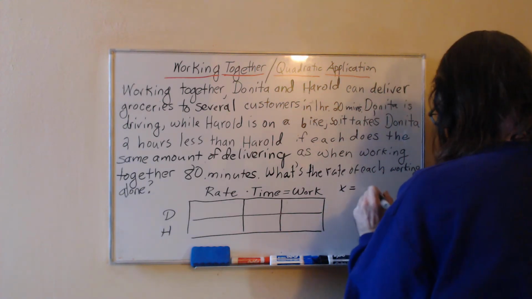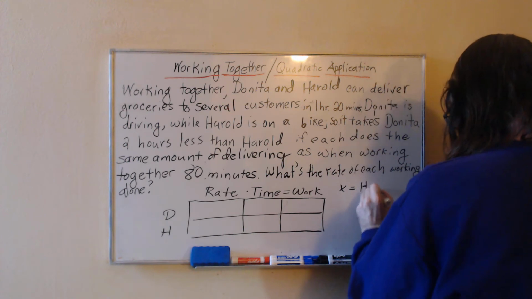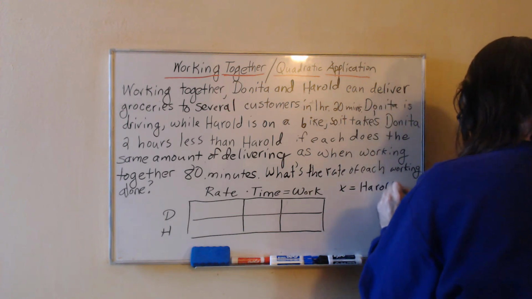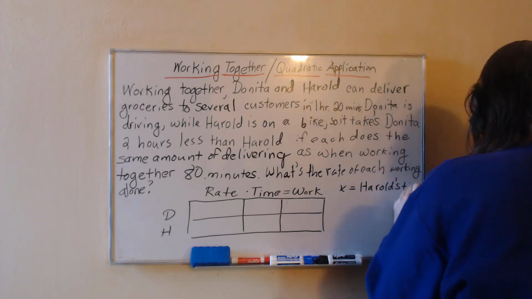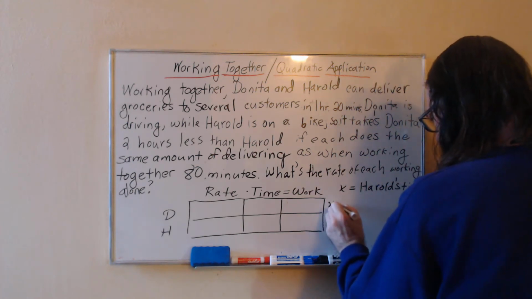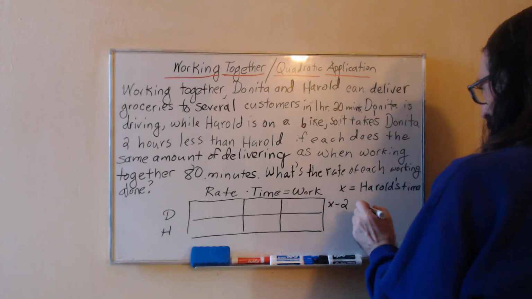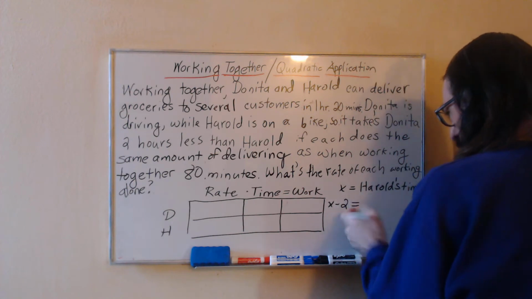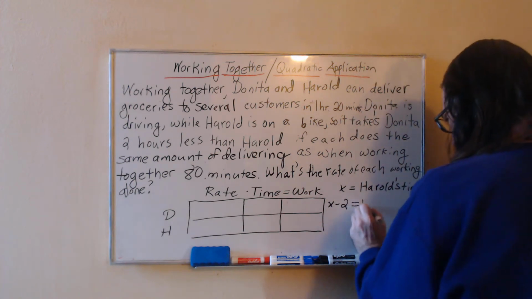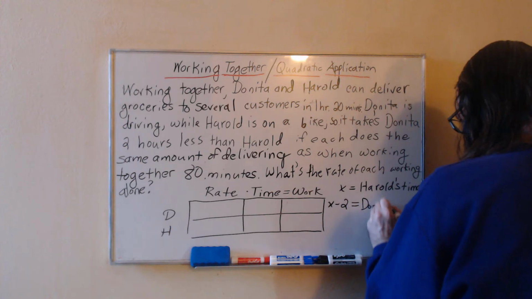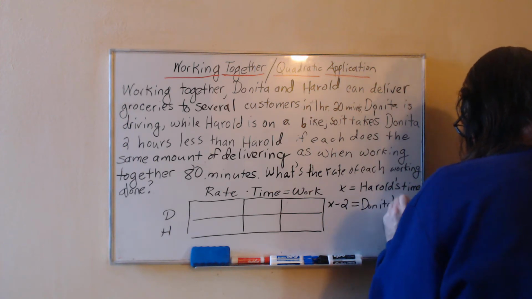So let's call Harold's time working on the job X. And since Donita's time is being compared to Harold's, 2 hours less, so 2 subtracted from that, X minus 2 is Donita's time.